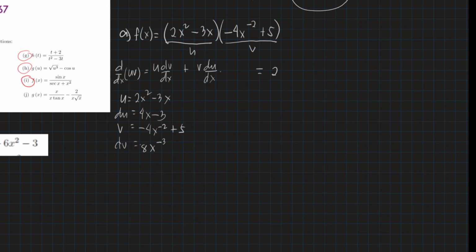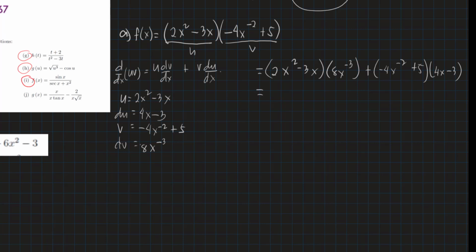So that is 2x squared minus 3x multiplied by the derivative of v, which is 8x raised to negative 3, plus v du, negative 4x raised to negative 2 plus 5, multiplied by du dx, which is 4x minus 3. And then we simplify.